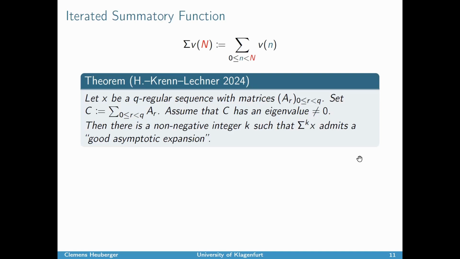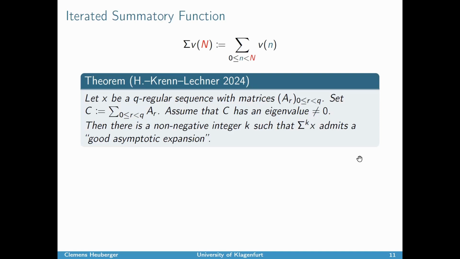Then the answer to Svante's question is yes, there is a non-negative integer k, such that taking the summatory function k times admits a good asymptotic expansion, as I call it. So there is something before the error term. A small side remark, I don't say anything about the periodic fluctuation. I'm just speaking about the eigenvalue structure. So it might be that the periodic fluctuation vanishes for some weird reason. I can't handle that at the moment.